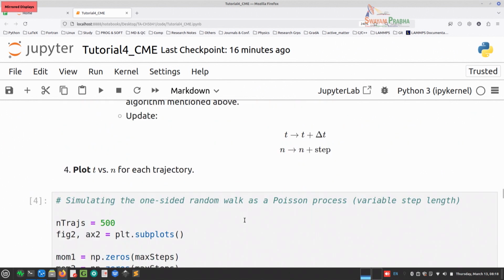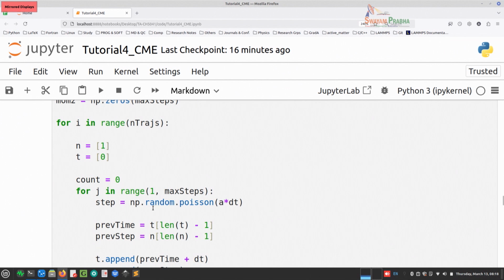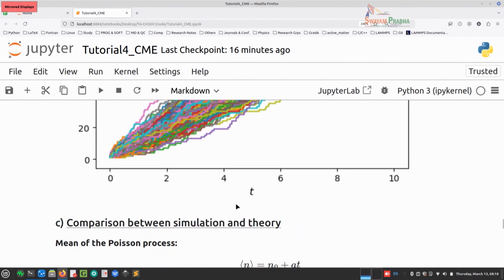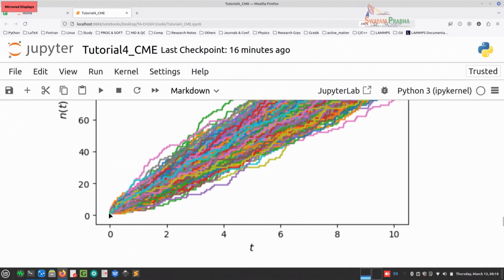But in this case we are going to use an inbuilt function to generate a Poisson random variate for a given a times delta t, okay. So once you do that, you can create all these trajectories. You start at n equal to 0 at time t equal to 0, call a Poisson random number for the next time step delta t, then you add the delta n, and then you keep doing this.